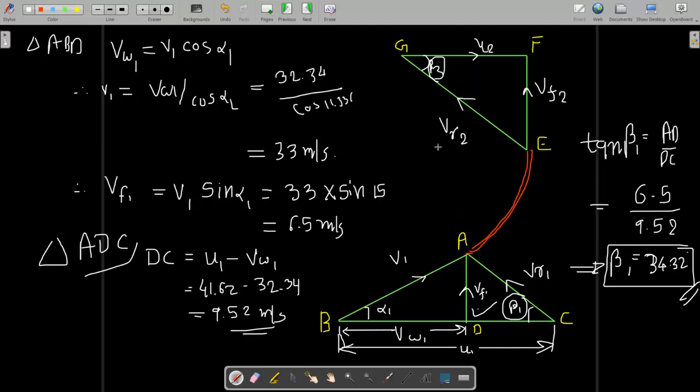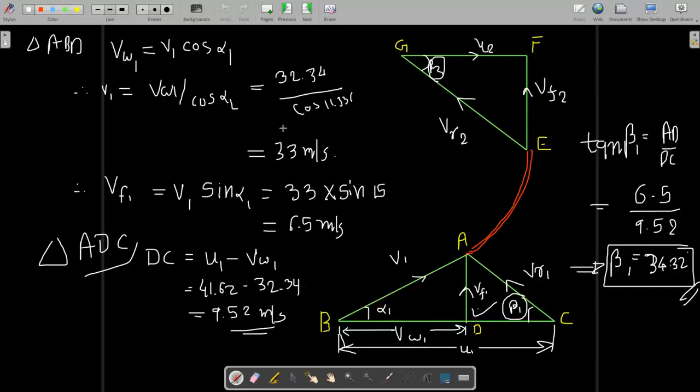Now only one thing remains, that is the outlet blade angle. So here I am switching the slide frequently. Okay, so here you can see the triangle EFG.